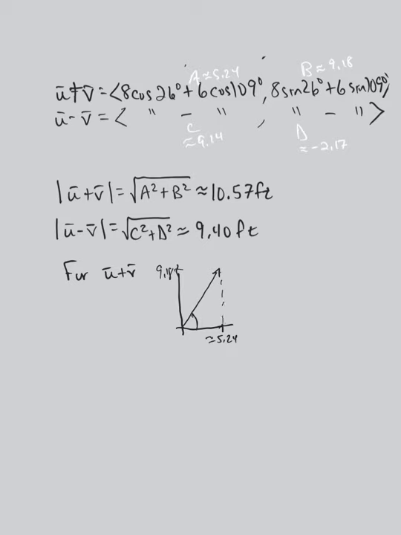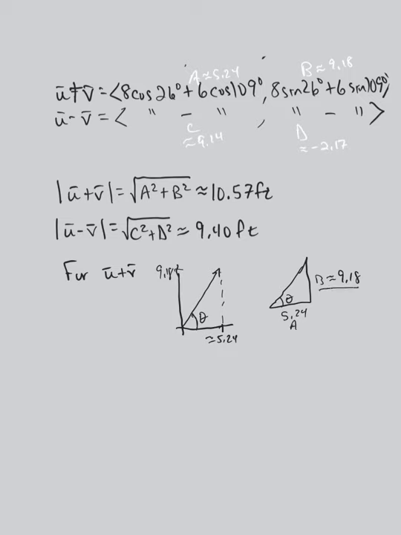We need that angle right there. So what are we looking for? We're looking for this angle right here, and so we think about having a right triangle. Its base is about 5.24. Now remember, I have that stored more accurately in A, and then its y coordinate is B, which is about 9.18, and I'm looking for this angle right here.